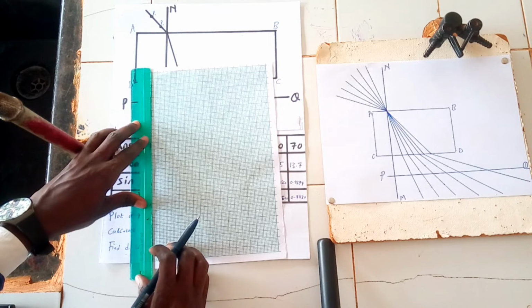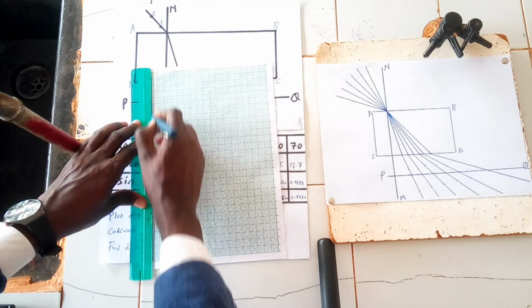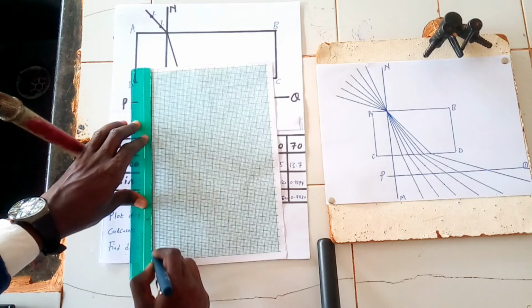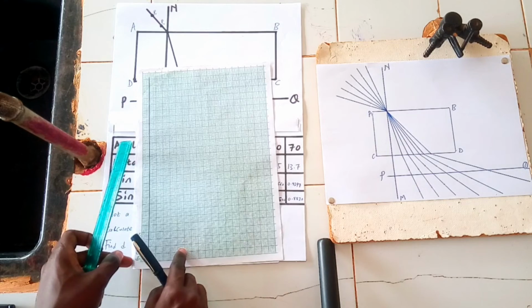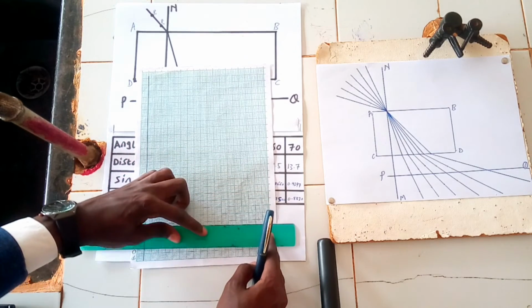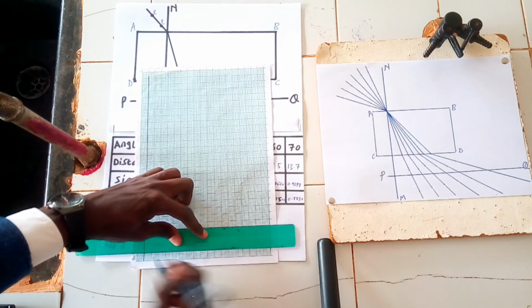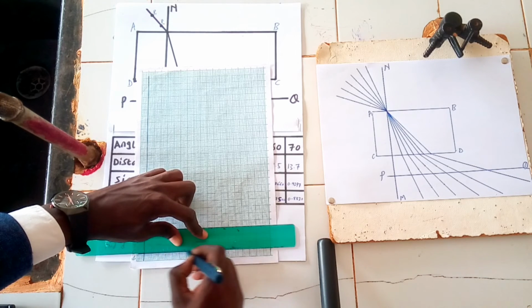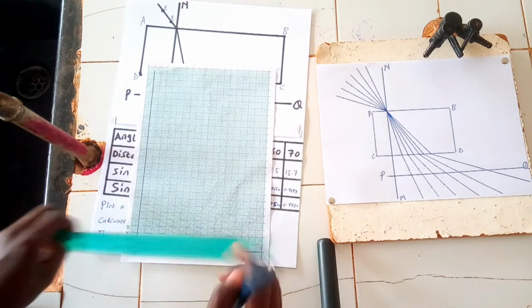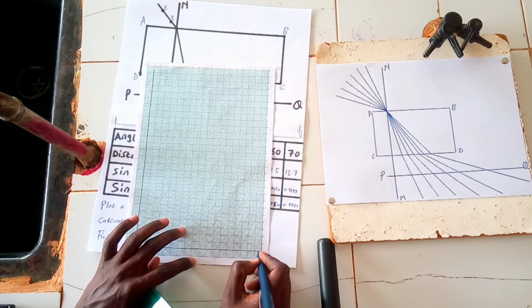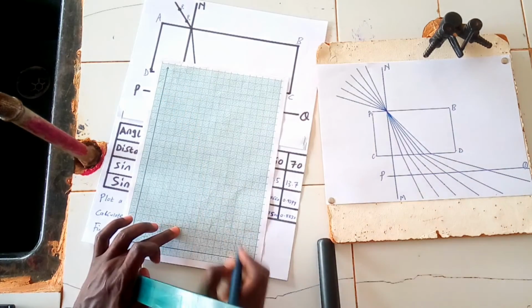So we have the first axis here. And then we have the second axis here. We can put arrows. Also an arrow here.